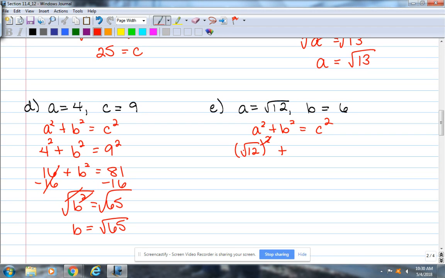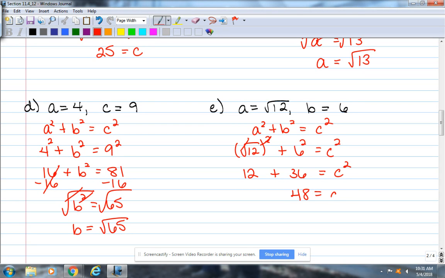Yeah, the square and the radical are going to cancel out. So that's actually no problem if you have a radical. That's just going to be plain old 12. Plus what's 6 squared? 36 equals c squared.